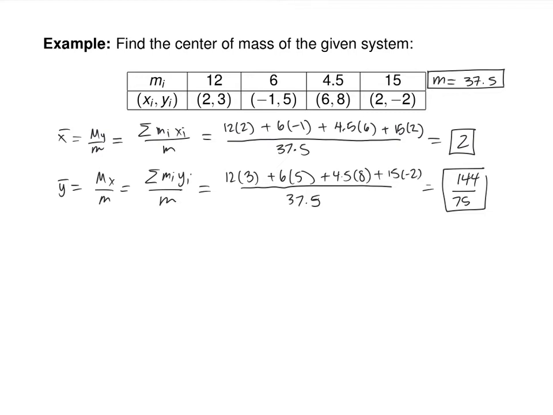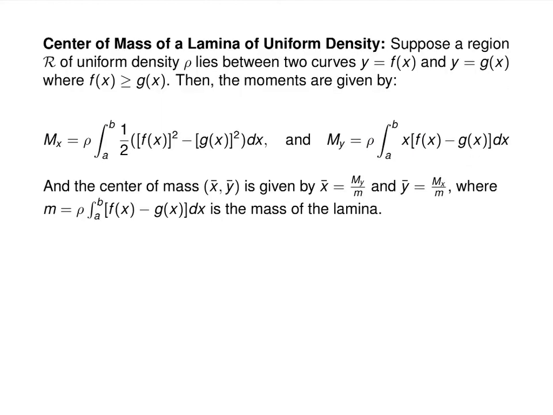Okay. So now we're going to move on to the case where instead of having discrete things, we have a nice continuous bubble of stuff. So when you have a bubble of stuff, here's what's going to come out for those mx and my things. I'm going to show you why that's the case as well. So suppose you have a region, R, of uniform density, and it helps me to think density is measured in units like kilograms per cubic meter, right?